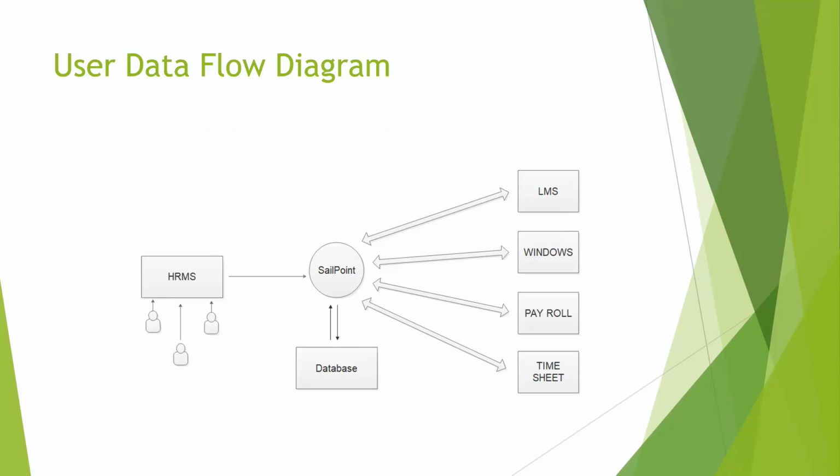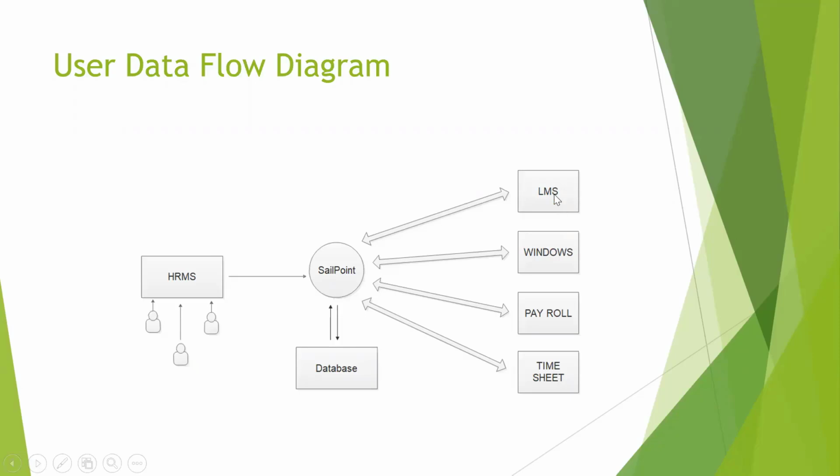Everyone believes that the HRMS system is the most trusted system because the HR team is mainly responsible for employee onboarding and offboarding. So that's the reason we use the HRMS system as an authoritative system for SailPoint. Using this system, all the employees that we have in the system, we will load into SailPoint. Those employees will be the real employees for us in SailPoint.